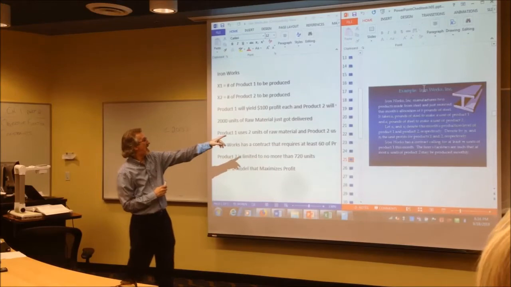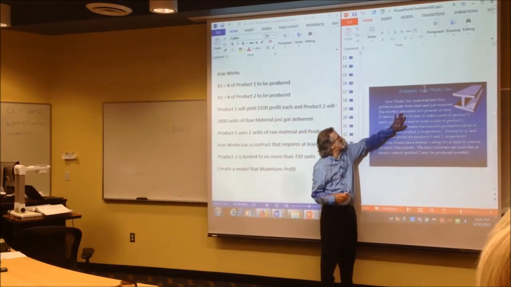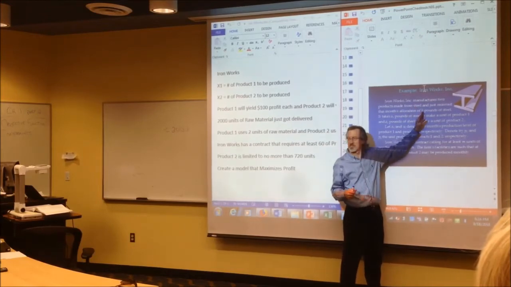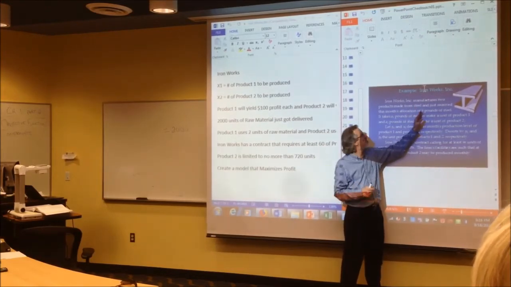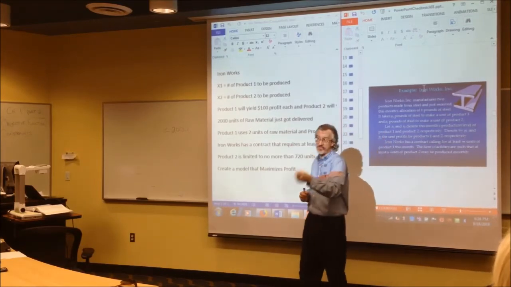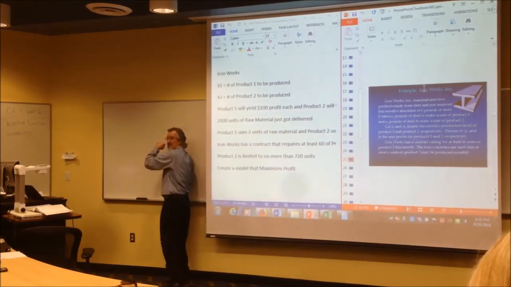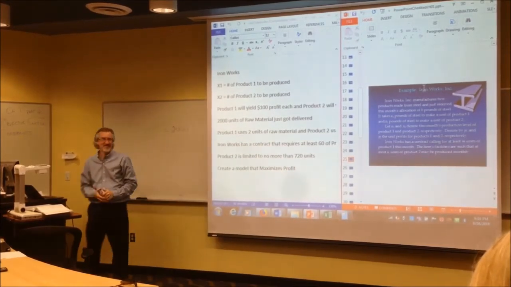It will say something like this: this month's allocation is 2,000 pounds of steel, and every pound has to be used in this manufacturing process. That means you're using exactly 2,000. All right?